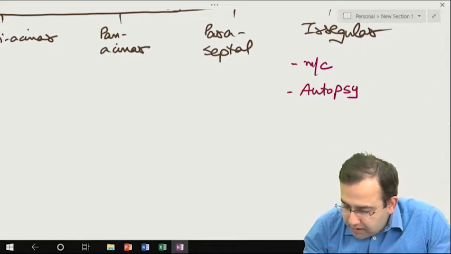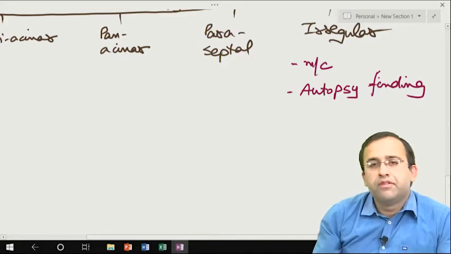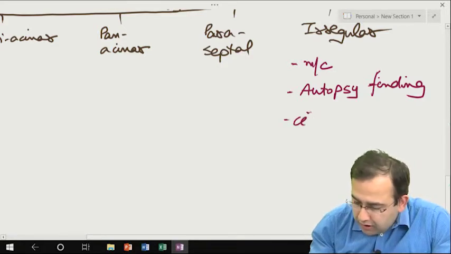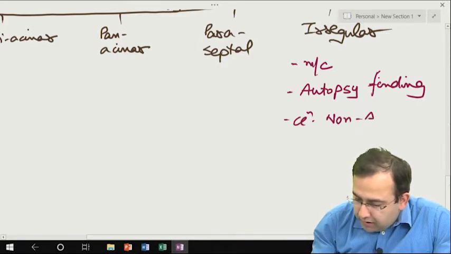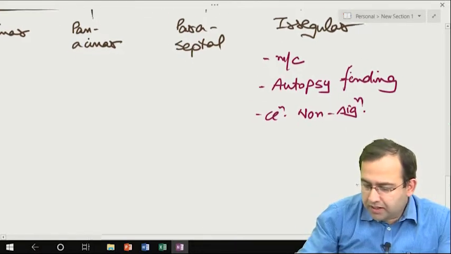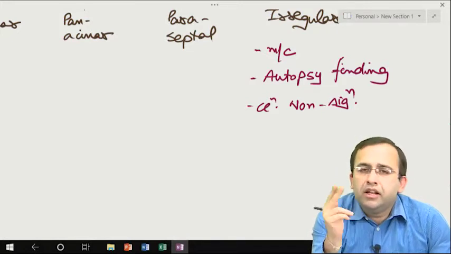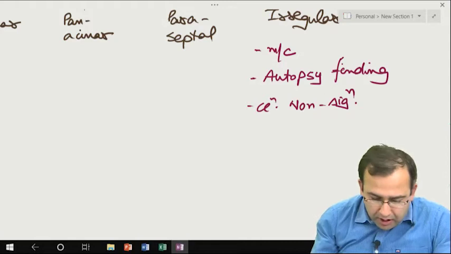Autopsy finding means, is it clinically significant or non-significant? It is clinically non-significant. So the most common emphysema is irregular type. It is an autopsy finding and is clinically non-significant in nature.